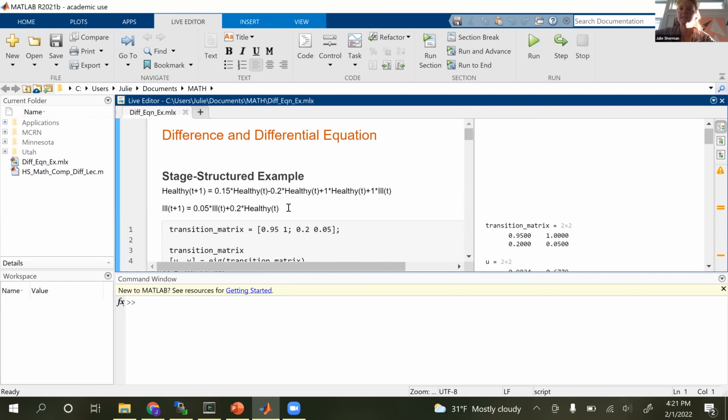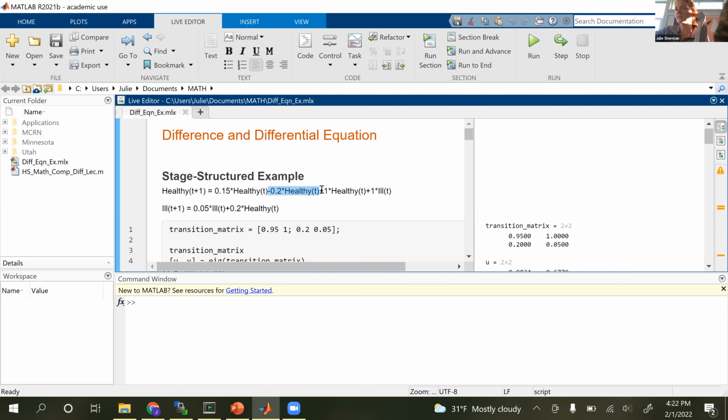This is the example that we were looking at. Hopefully you will agree that it is the same numbers that we were using. We have our constant survival rate. Oh, I think I had this wrong actually in my previous slide.